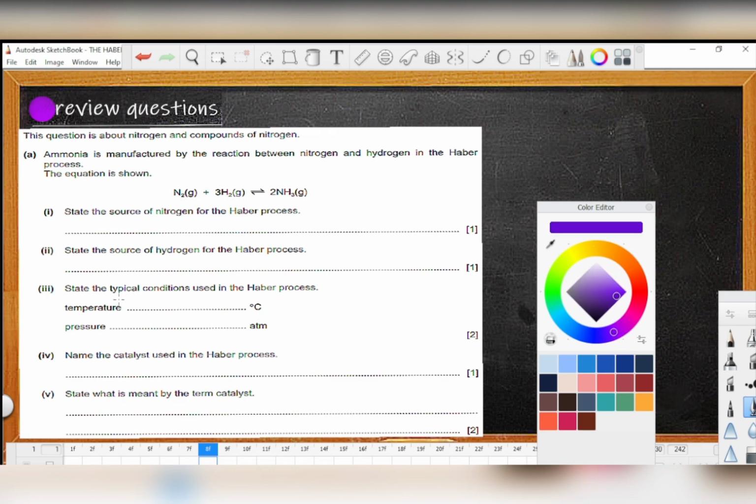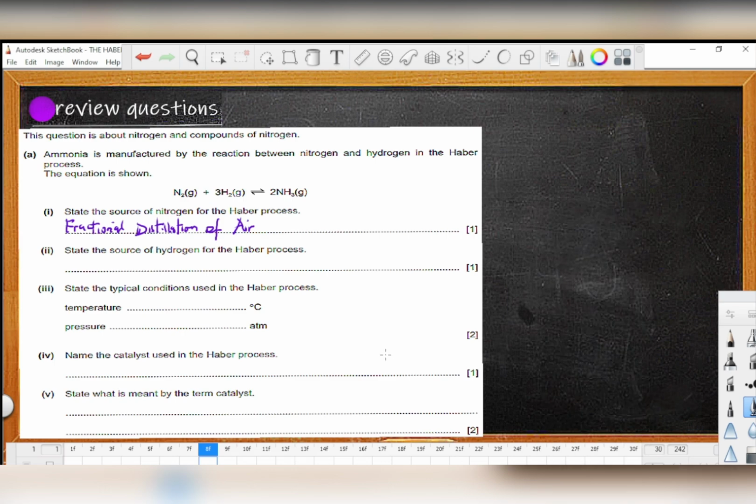From fractional distillation of liquid air. It will be obtained from the fractional distillation of liquid air.